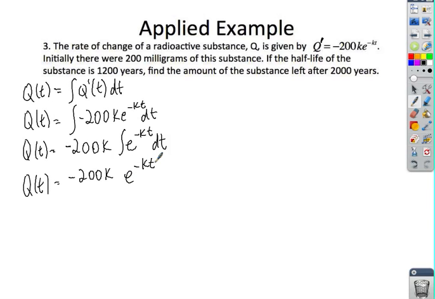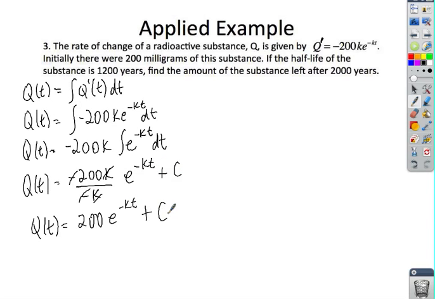And again, kt is a linear expression, so we also need to divide by the coefficient of t, so divide by negative k. In front here now, the negatives will cancel, the k's will cancel. So our final function for Q at t is 200 e to the negative kt plus c. Need to include the plus c. Very important here.